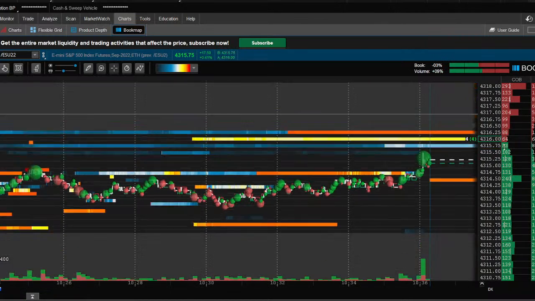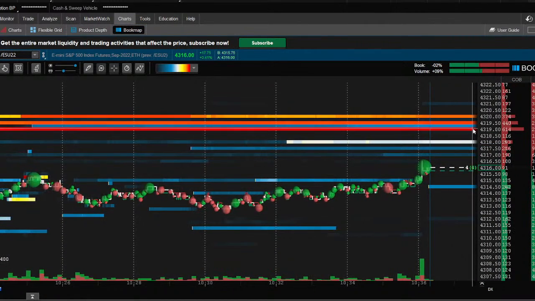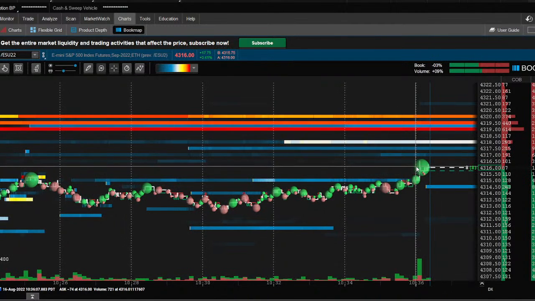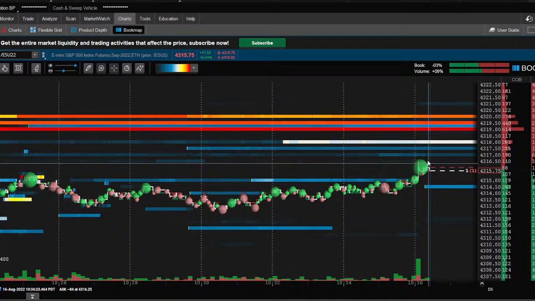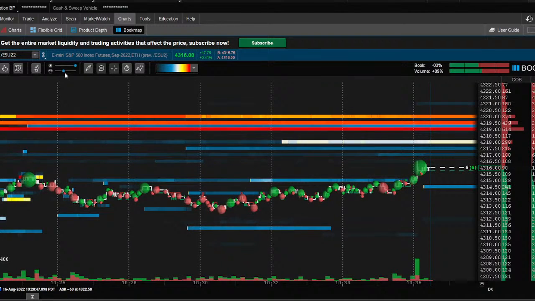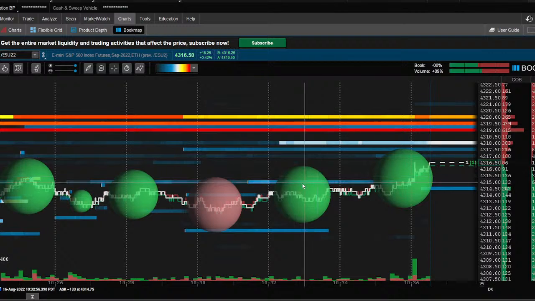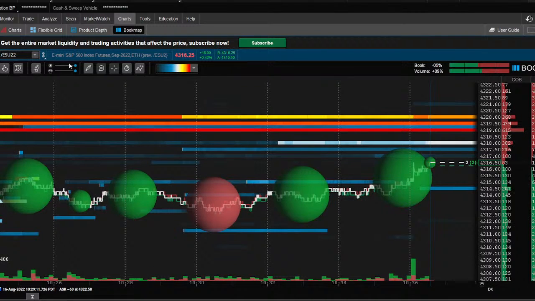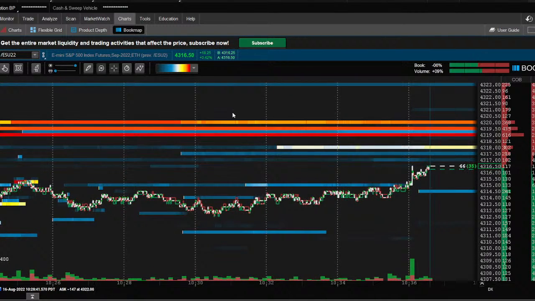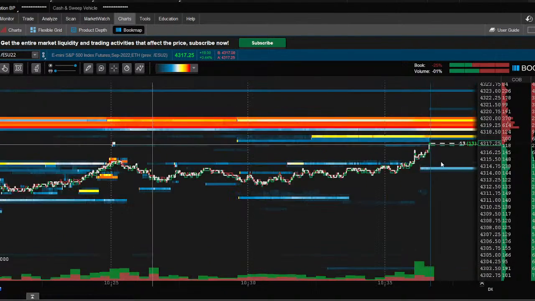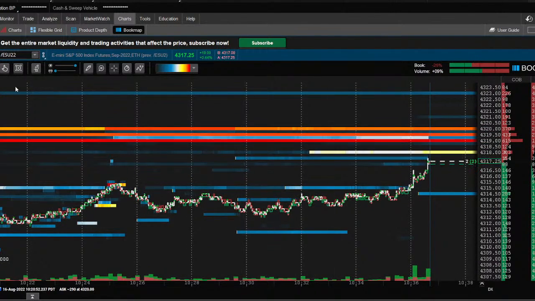And there's liquidity here at 43.19 for the ES, which is the SPY, but just in futures. Let's see what happens here. Okay, now we're seeing a big move here to the upside.